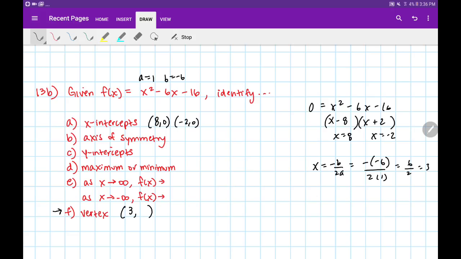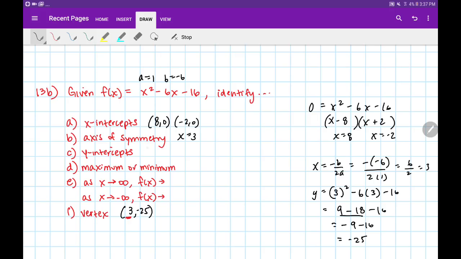Now I need to find the y value, so I'll plug that in. 3² − 6 times 3 − 16 leaves me with 9 minus 18 minus 16, which is negative 9 minus 16, which is negative 25. And the reason I found my vertex first is because I know that the axis of symmetry will always be x equals whatever the x value is. x equals 3 here.